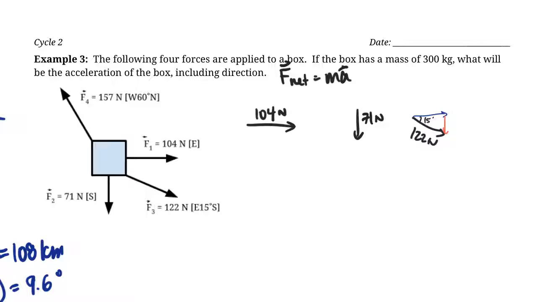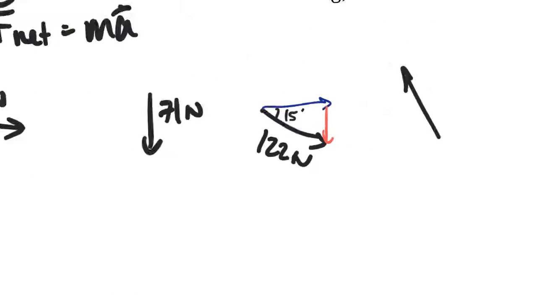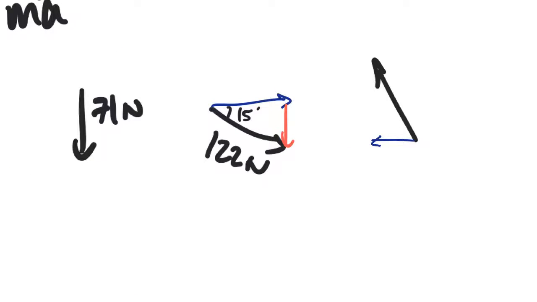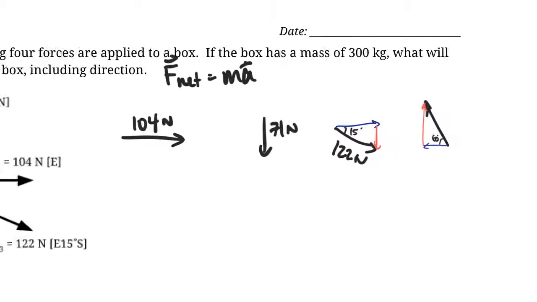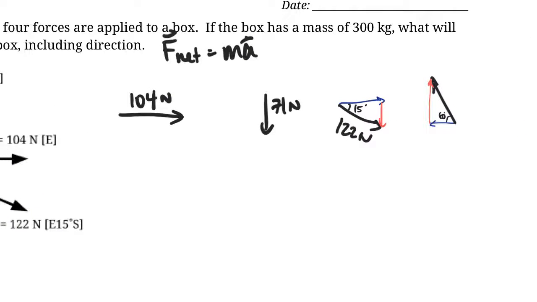And then F4 goes up and to the left, and that's west 60 degrees north. So again, drawing the components, west, north, and the 60 degrees goes in there. Okay, well, and the length of that is what, 157 newtons. So let's write basically a formula for each of the components of these vectors.